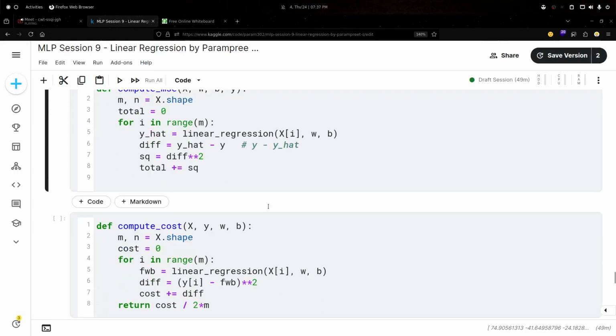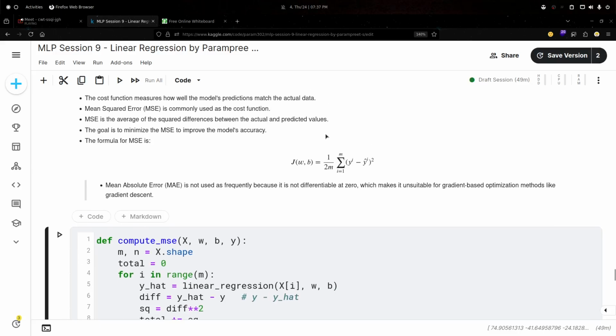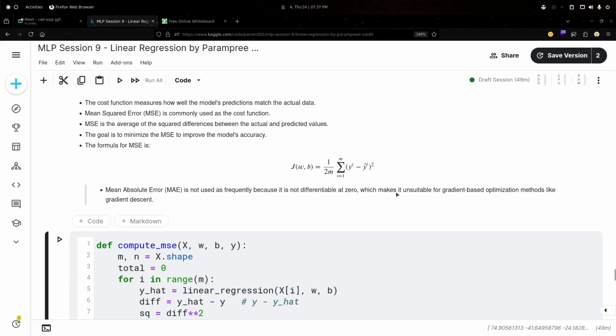Just see the m, and you can ignore the 2 which I have written here. I'll tell you why I have written the 2. Basically we have the power here, and when we take the derivative of this function, we'll get the 2 in front.